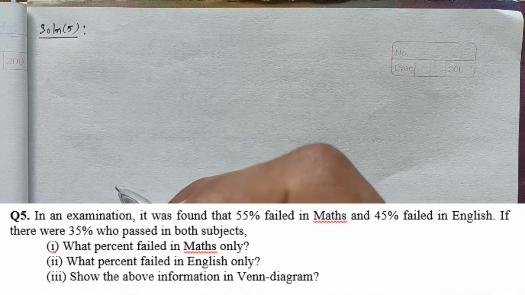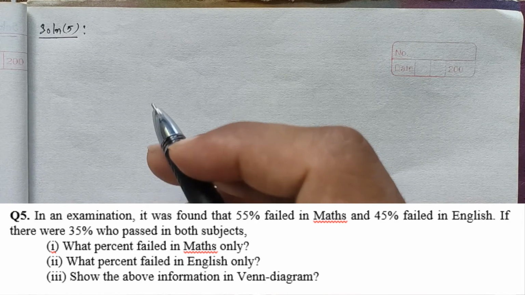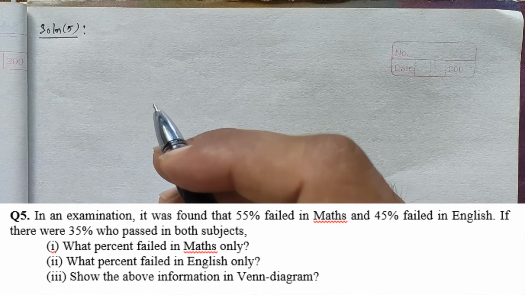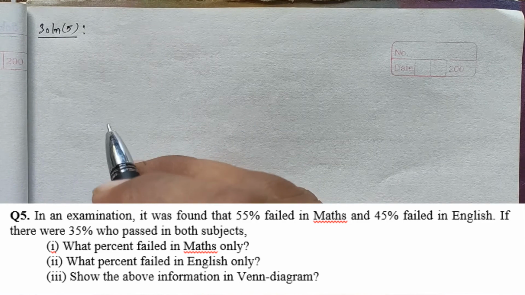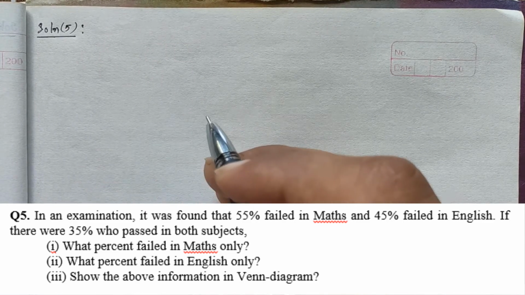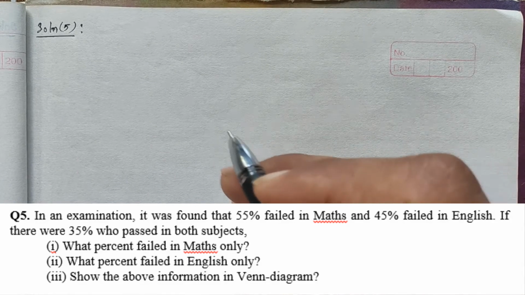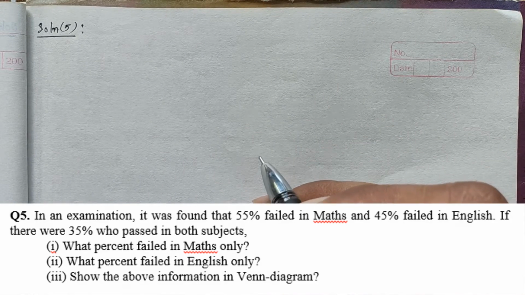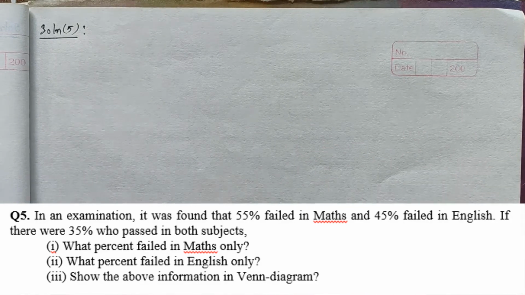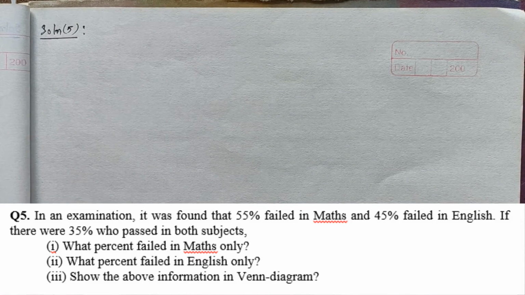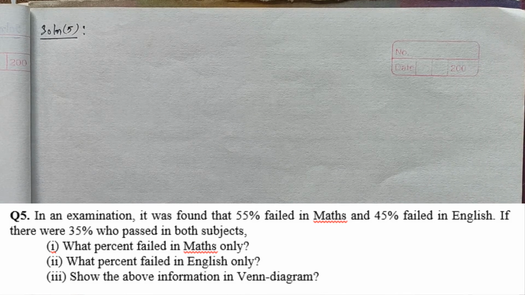If there are 35% who passed in both subjects, means passed. The question first says about the fail in maths and English, but again it changes from fail to pass. 35% pass means it is the complement. So in this way you have to think about the complement, that is, either the question statement changes from positive to negative or negative to positive. At that point the complement is given there.